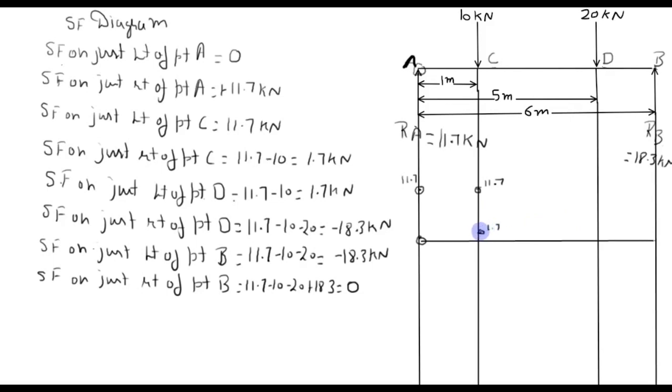Next point C is having first value 11.7 and second value is 1.7. Now next one is point D. First value is 1.7. Next value on D is minus 18.3. Then minus 18.3 and 0.